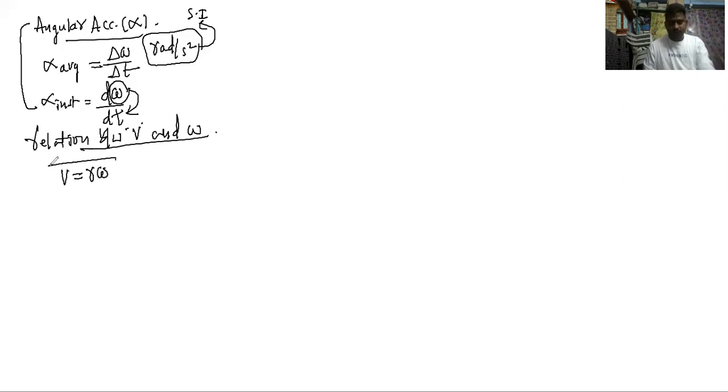Look here, v is equal to r omega. What is v? Linear velocity. What is omega? Angular velocity. What is r? r is the radius of the circular path. Clear?